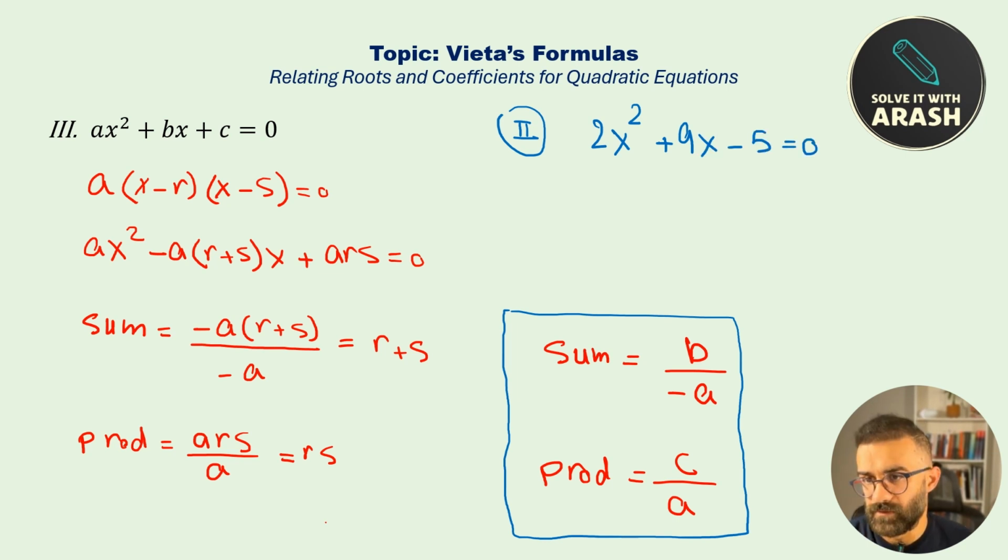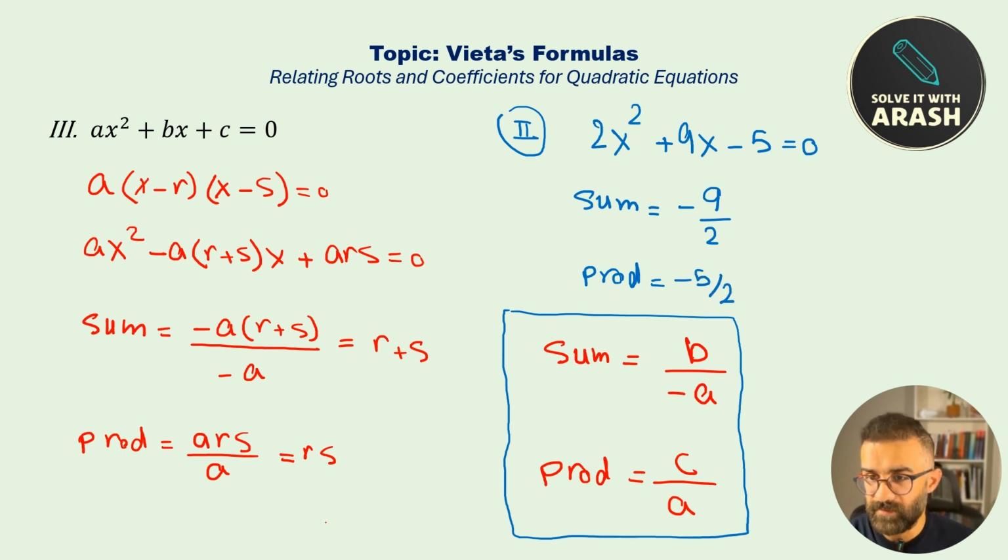In the first solution, we found the roots, and then we calculated sum and product. But now, without finding the roots, we can find the sum and product, where sum is going to be the negation of the linear coefficient over 2, which is going to be negative 9 over 2, and the product is the constant term over the leading coefficient.